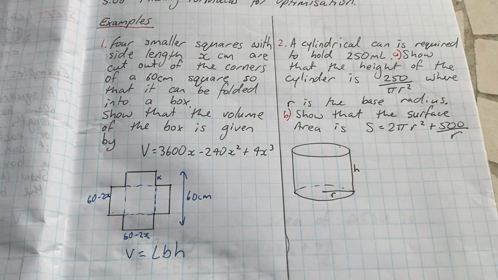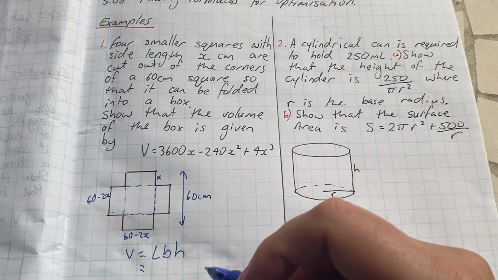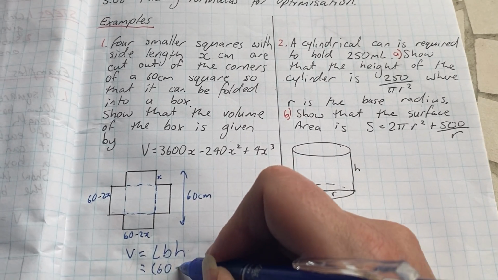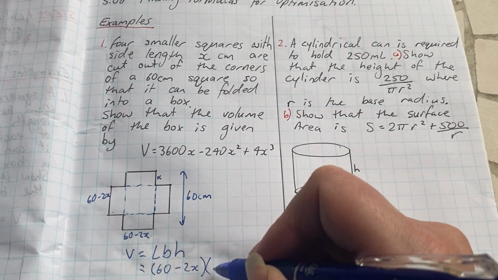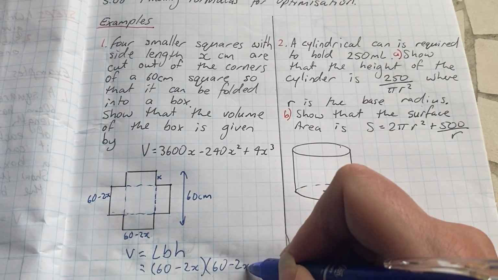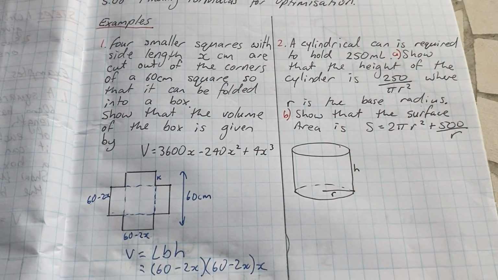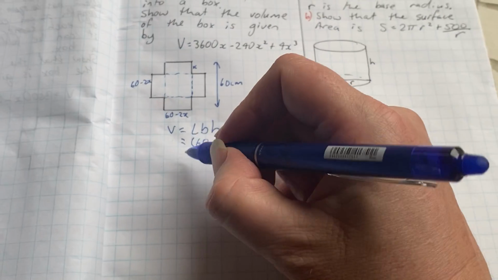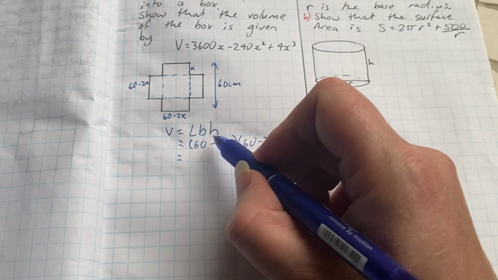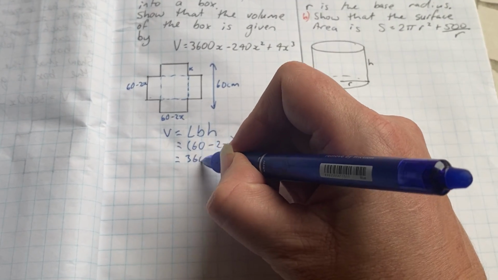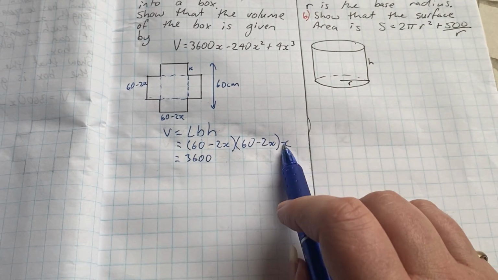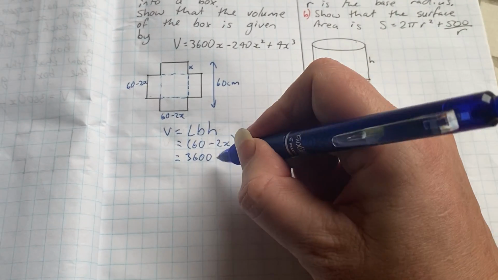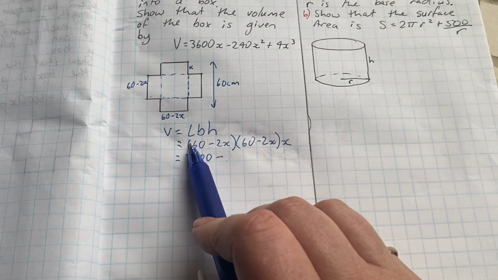60 minus 2x. So the volume of the box is the length times the breadth times the height of the box. Okay, and if we expand that out, 60 times 60, 3600. It is a perfect square, so we can use the perfect square formula. So minus 2 times that.